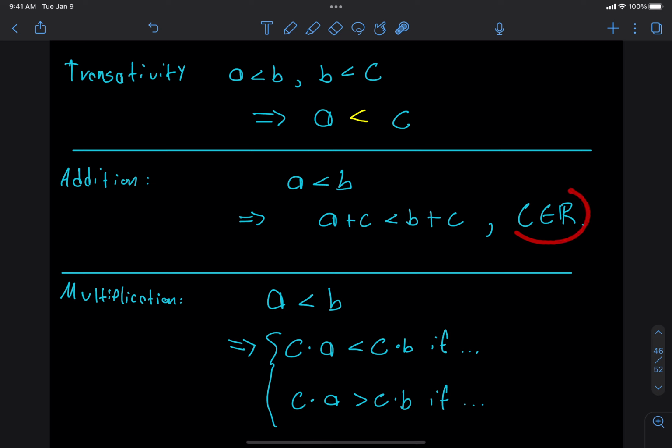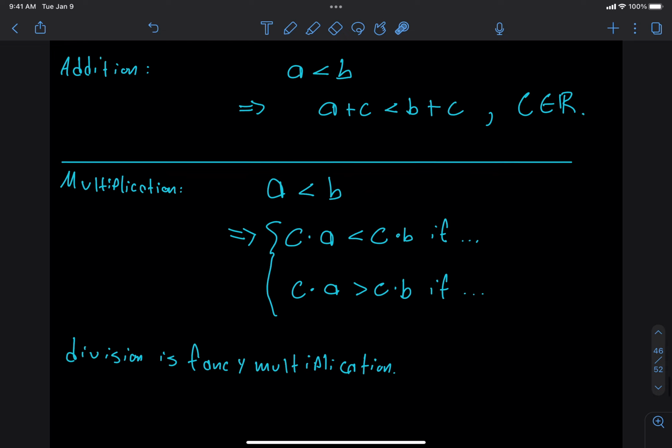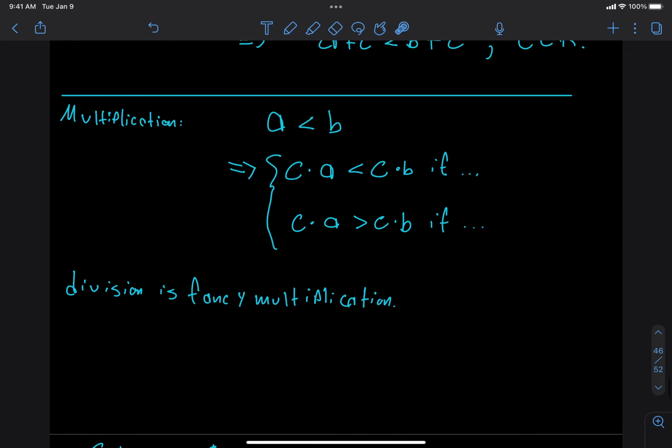And since C can be a real number, it could also be, for example, a negative number. So addition and subtraction both fall into this category, right? Because adding a negative number is exactly what subtraction is, right? Just like how division is fancy multiplication, subtraction is just fancy addition. All right, that's addition. And then multiplication.